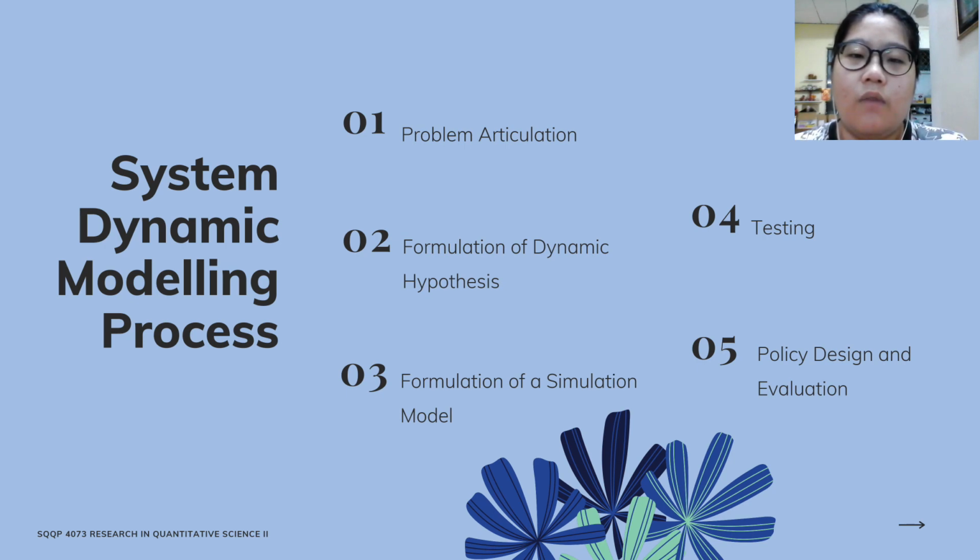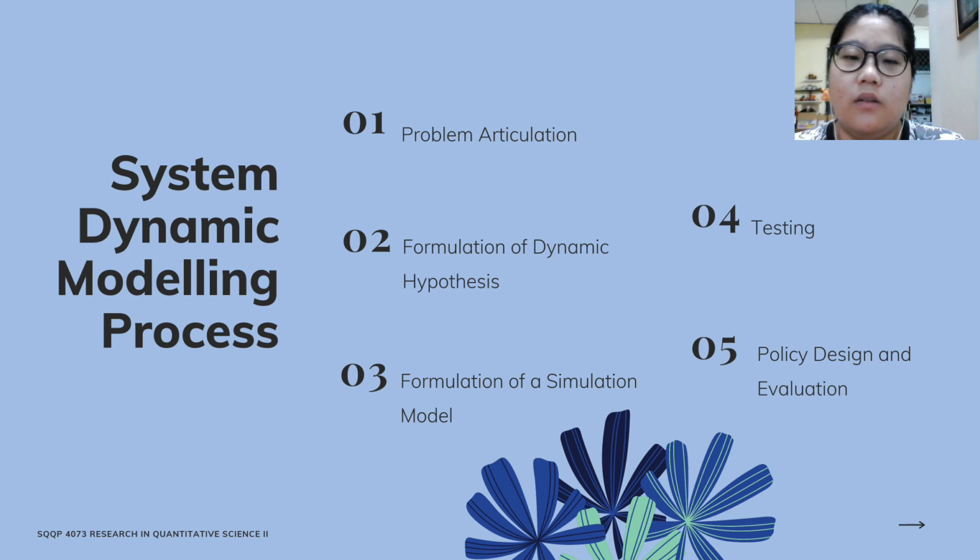For the second one, formulation of dynamic hypothesis, the researcher will develop a working theory to show the linkage of the main variables. A causal loop diagram will be built to identify the cause and effect of the variables in the system through the feedback loop.